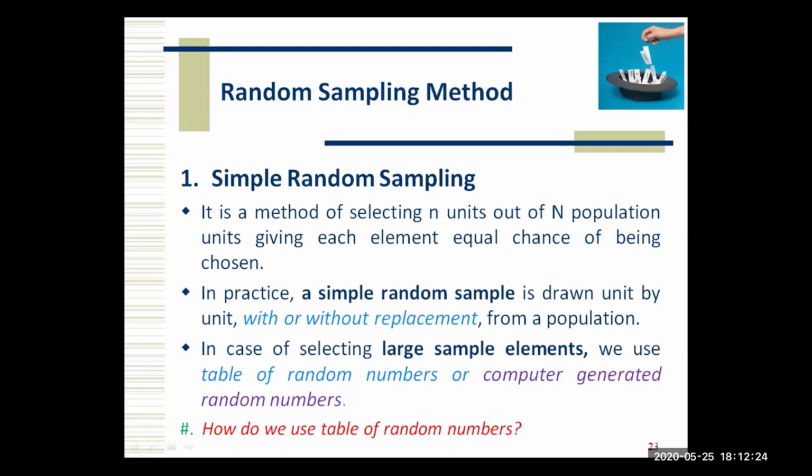In practice, simple random sampling is drawn unit by unit. You simply take the sample unit by unit. It might be done with replacement or without replacement.